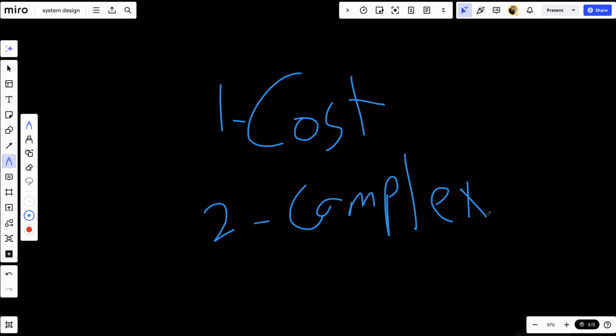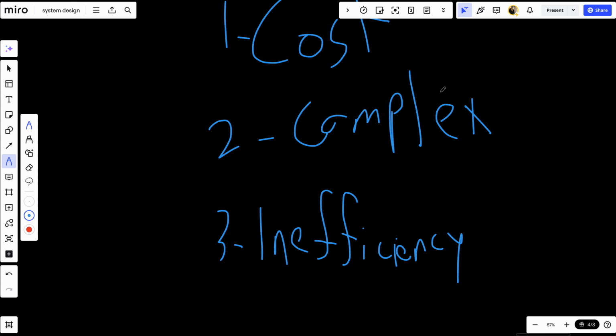Also, we can introduce some inefficiency. Some redundant components may remain idle or underutilized until a failure occurs, leading to inefficient use of resources.